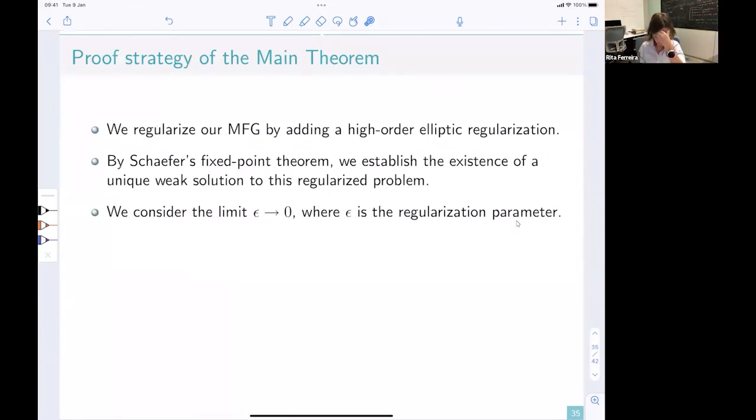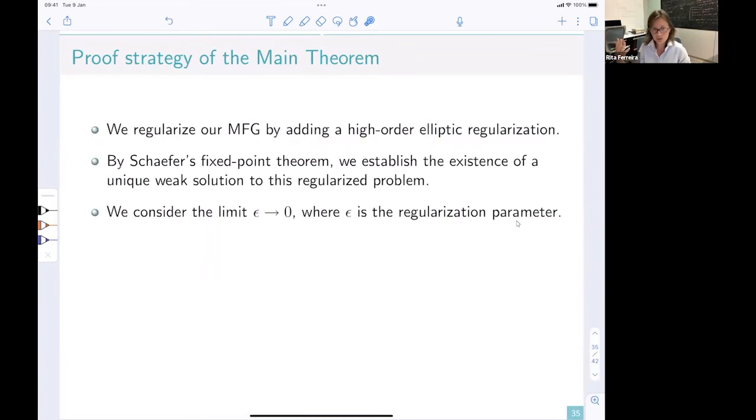And the proof strategy goes in the same spirit as in the Dirichlet case, which I'm going to detail a little bit more here. So we first regularize our original mean field game by adding higher order elliptic terms.